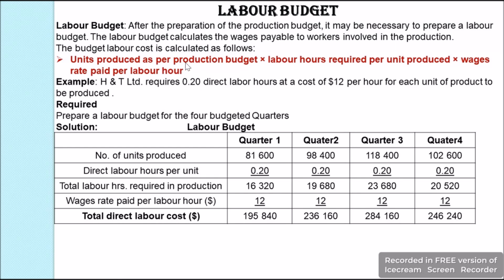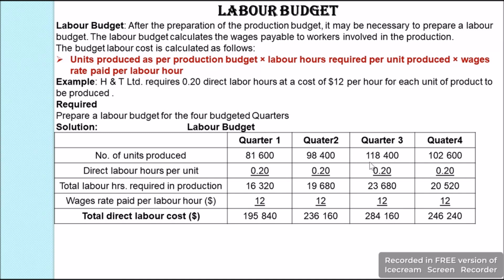Now we got the production budget's number of units produced. Now we will multiply it with the labor hours required per unit, which is 0.20. So 81,600 multiplied by 0.20, we get the total labor hours required in production for the first quarter as 16,320. In the same way, 98,400 times 0.20, we get 19,680.